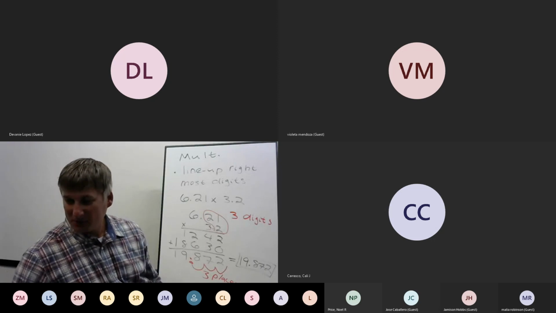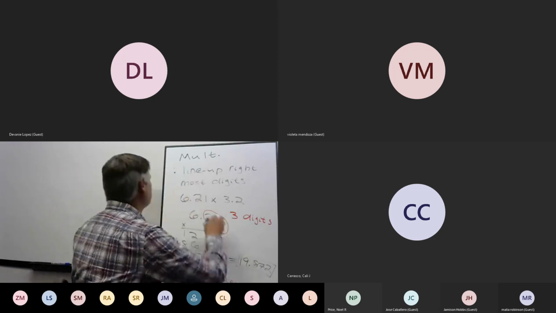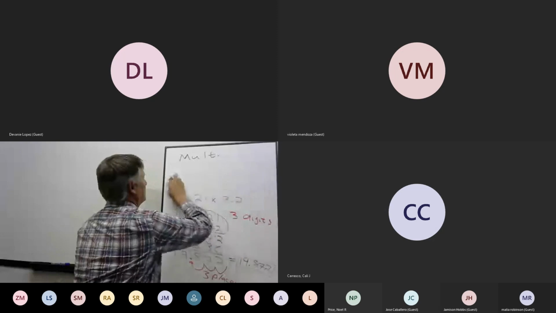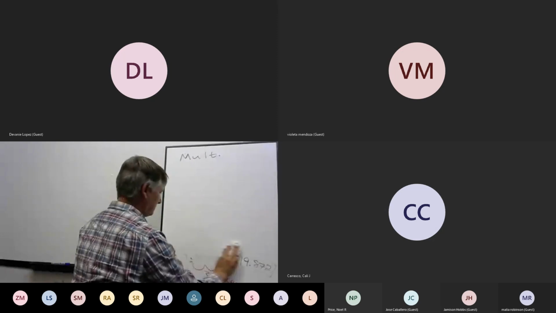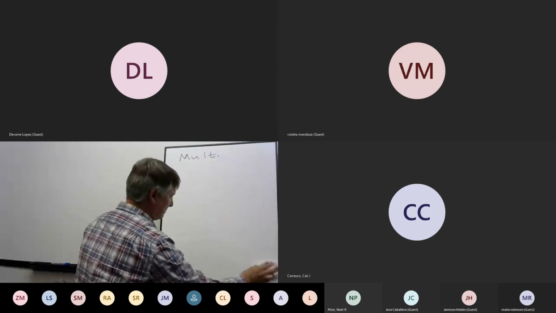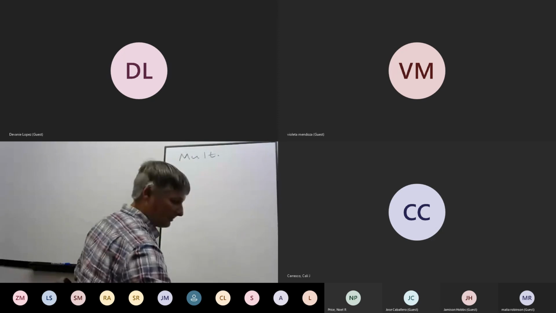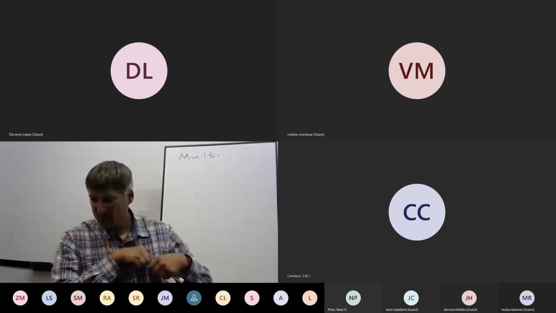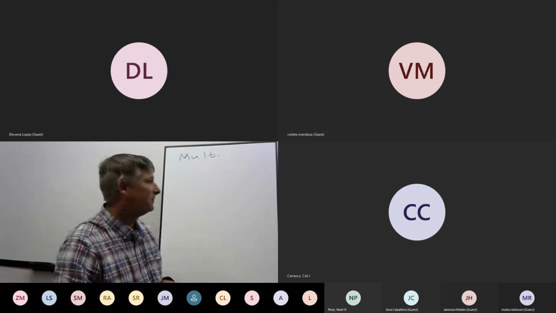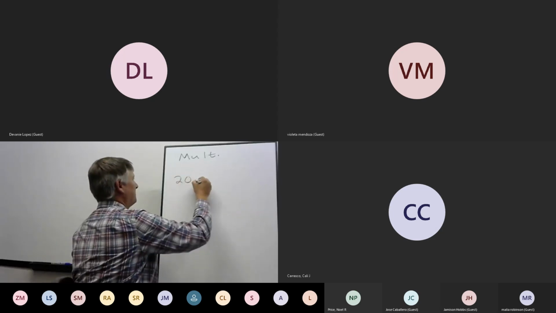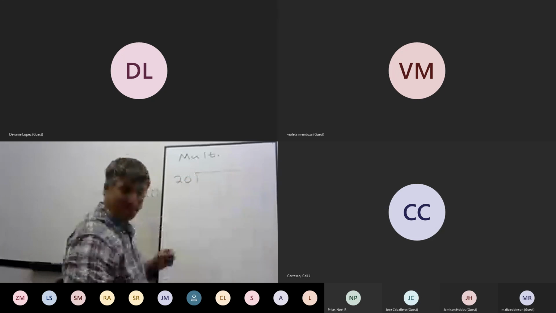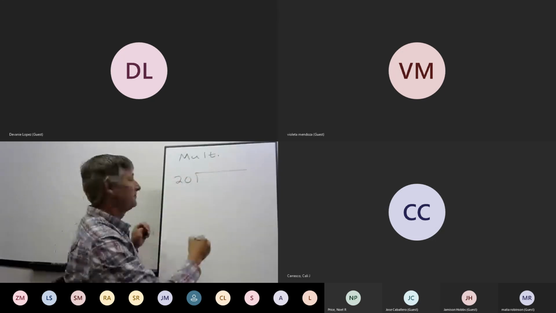So next we're going to do long division. And just to do a little review with long division, let me do this, pulling an example from the text here.